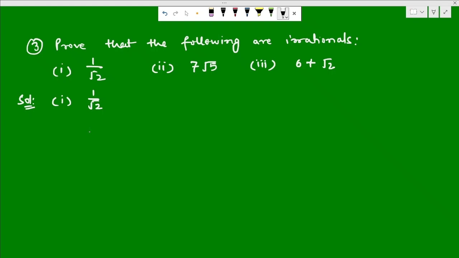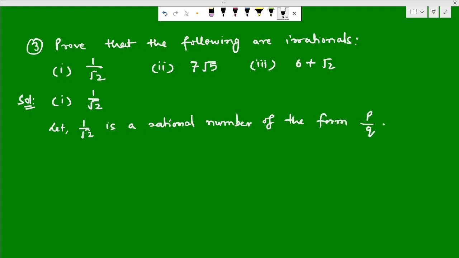One way is the same way which we have done in question number 2, but as you have studied in class 9, the rationalization of denominators, we can use that also. We'll simply assume, using the contradiction method, let 1 upon root 2 be a rational number of the form P upon Q. That is, P upon Q equals 1 upon root 2.